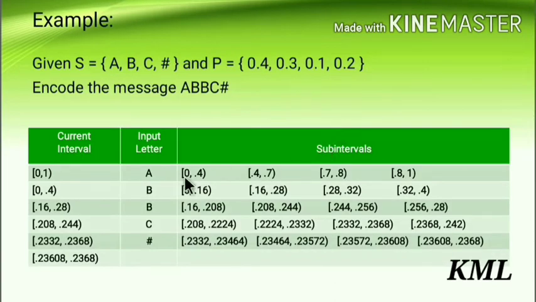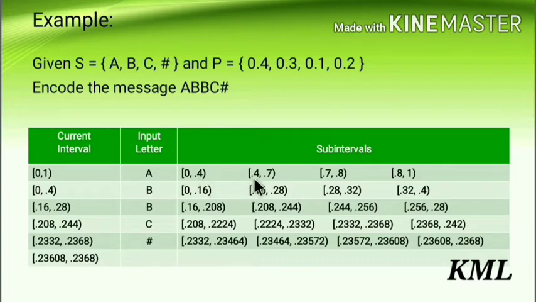So now see here, first take this 0 for the first subinterval. So this 0 comes here. Then how to find this? Just take the first probability. So 0.4 comes here.